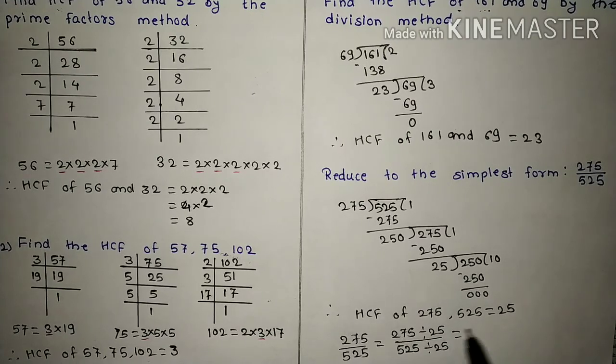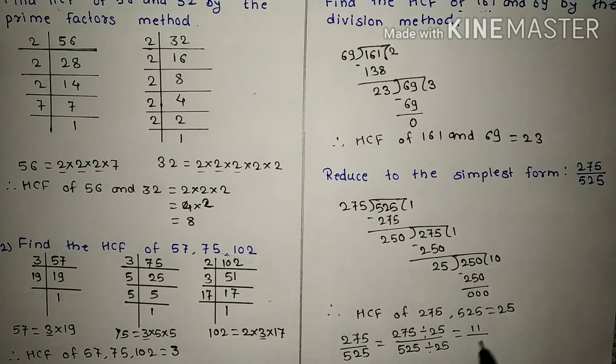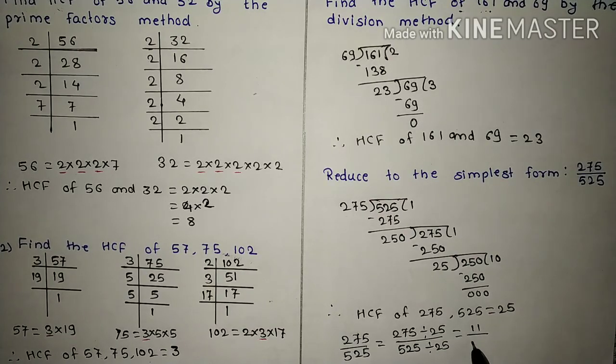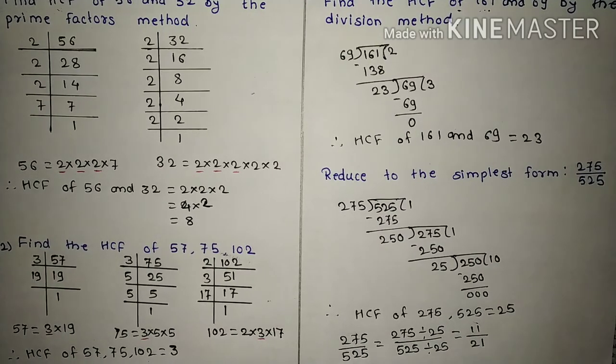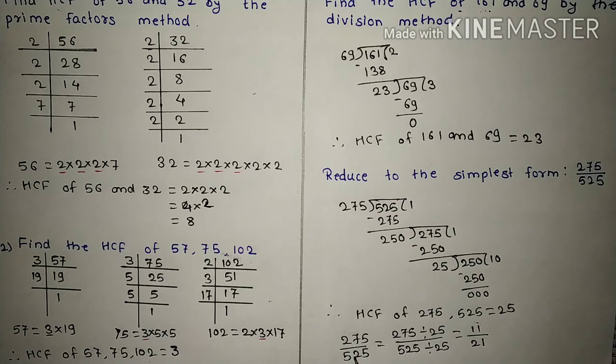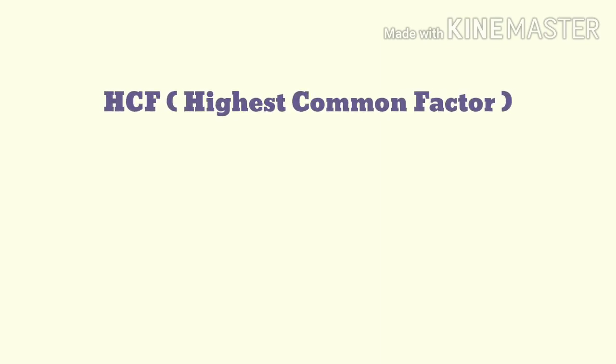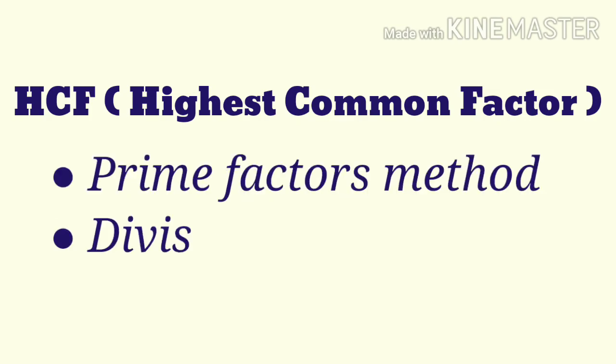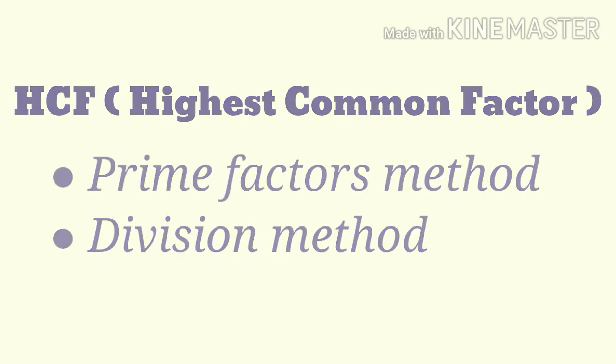After division we get 11 upon 21. Therefore, this is the simplest form of this number. So by using the division method we can simplify it in this way. I hope you understand how to find the HCF by using the prime factors method and the division method. Thank you.